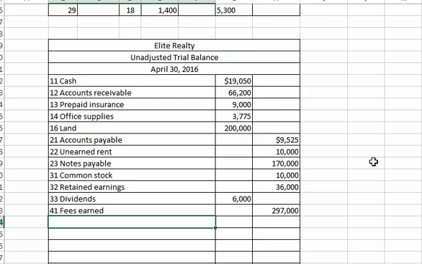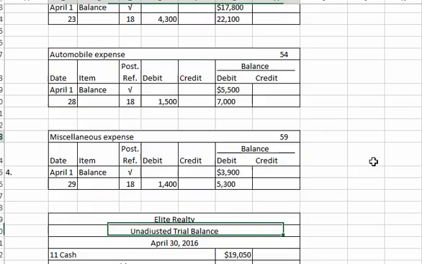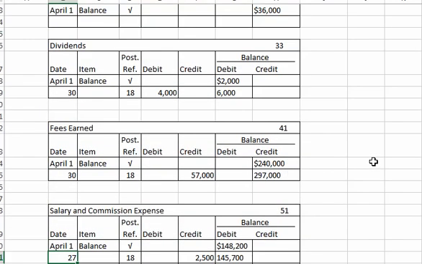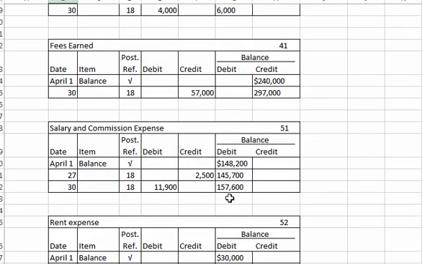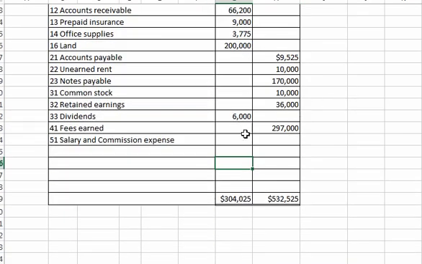Then salary and commission expense, account number 51. Salary and commission expense. Ending debit balance for $157,600. Next, we have rent expense, account number 52.